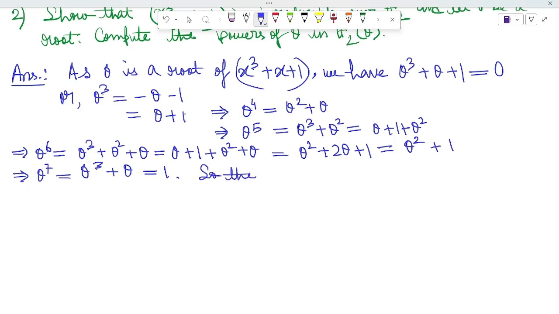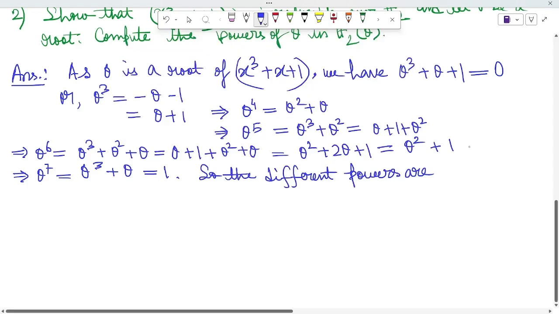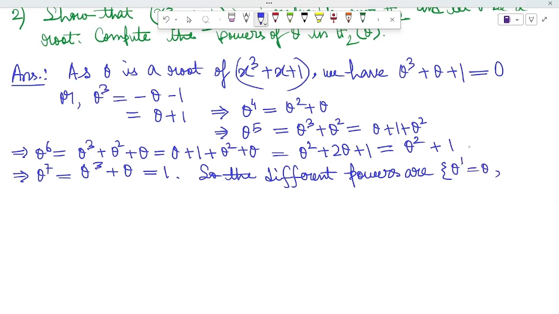So the different powers are: theta 1 equal to theta. In theta square, there will not be a problem, it is theta square.